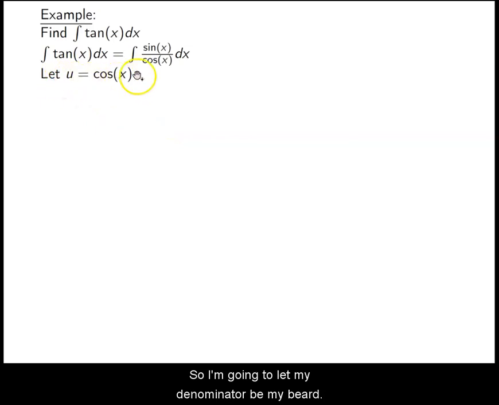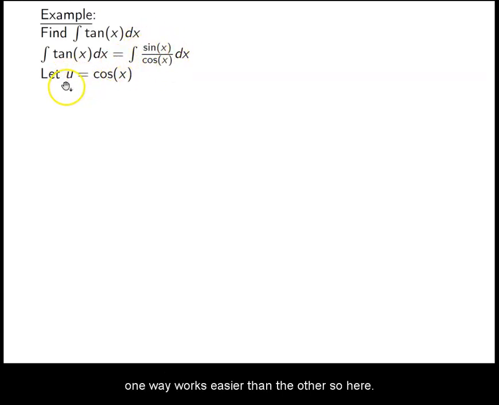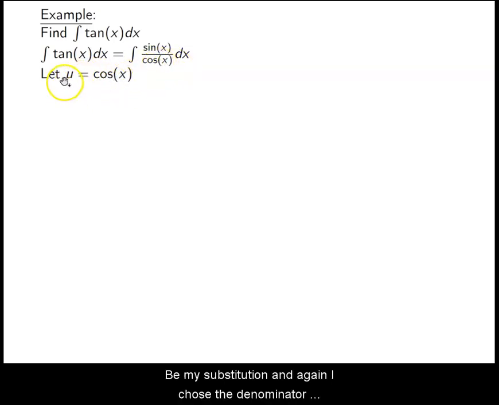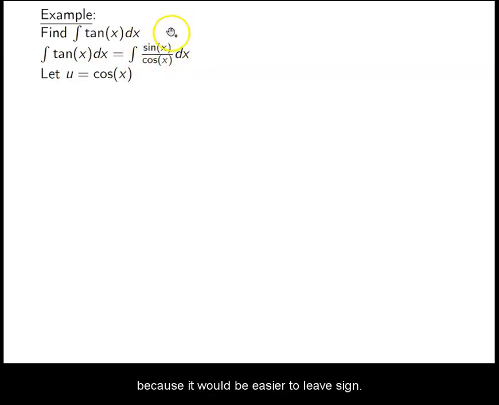So I'm going to let my denominator be my variable. I'm going to let that be u. It should work either way, but one way works easier than the other. So here, I'm going to let cosine be my substitution. And again, I chose the denominator because it would be easier to leave sine in a numerator position, right?